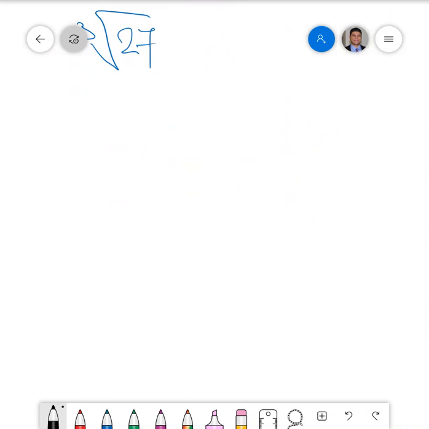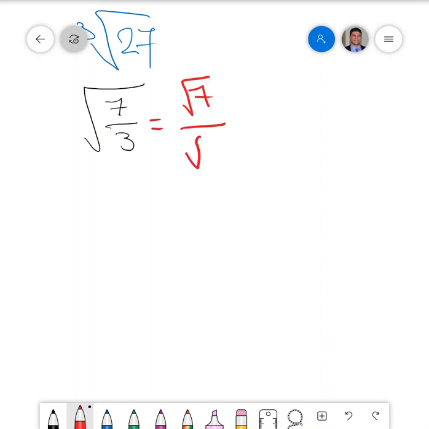First example, rationalize the denominator: radical 7 over 3. First let us distribute the radical over each term. So we have here radical 7 over radical 3. Now we have a radical expression in the denominator, so we have to get rid of this radical by multiplying numerator and denominator by the same number.